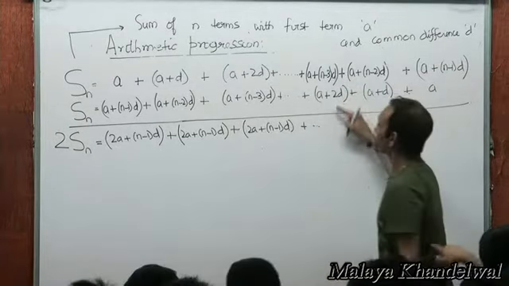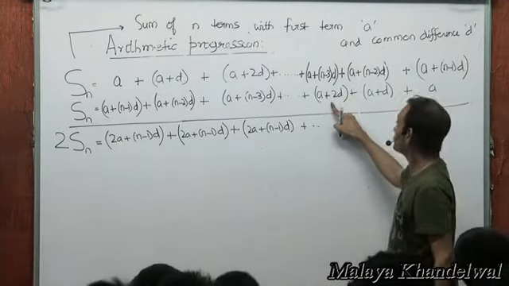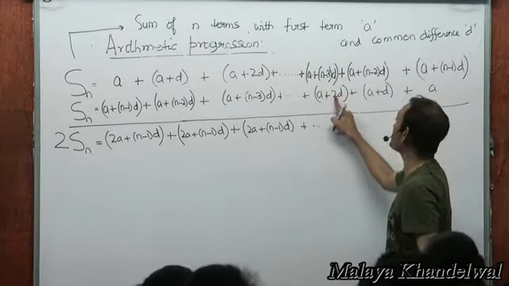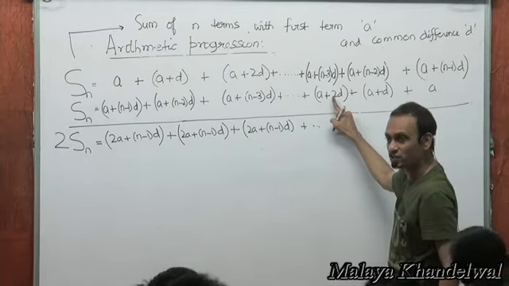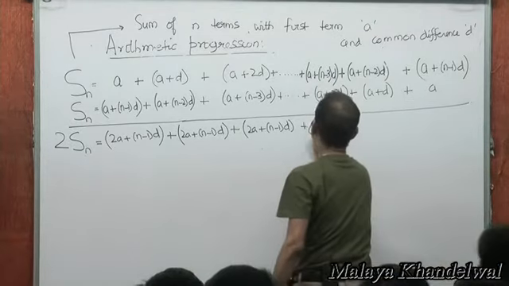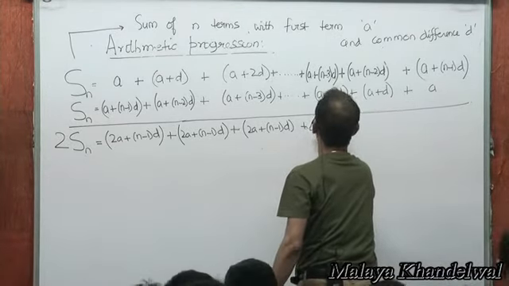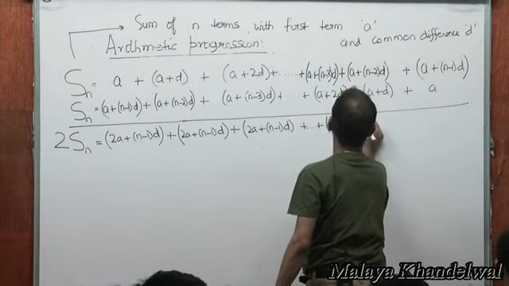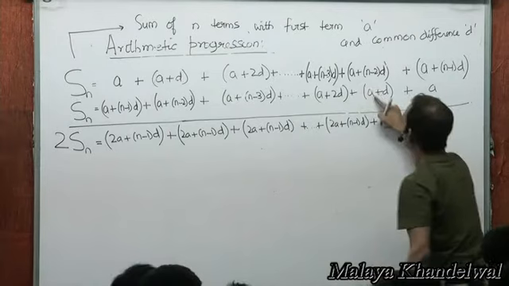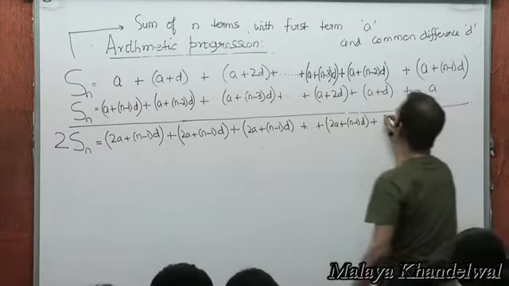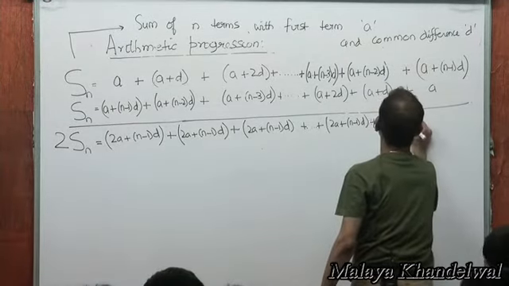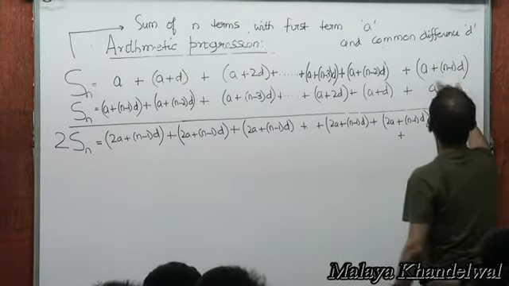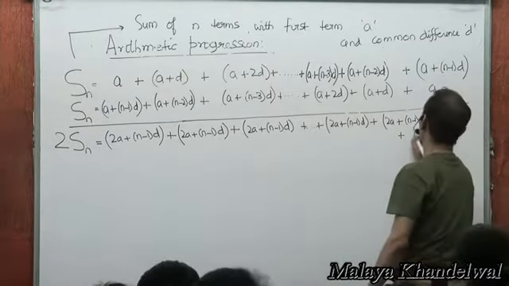If I add these two, 2A plus n minus 1 into D, n minus 3 plus 2 would be n minus 1, yes or no? 2A plus n minus 1 into D.